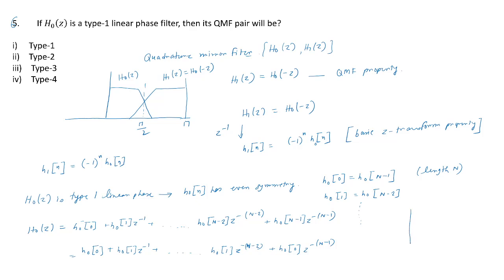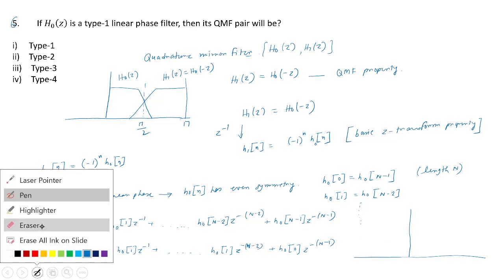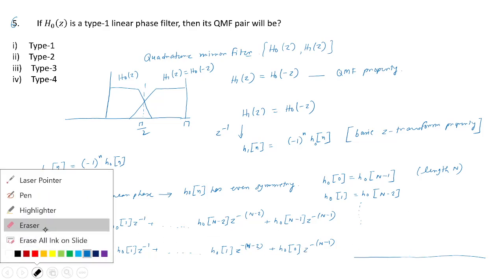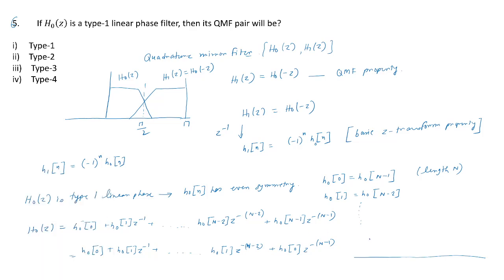So if you draw the impulse response of h0(z) here, you'll obtain the following.